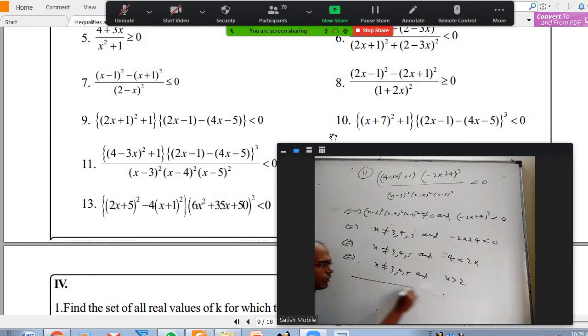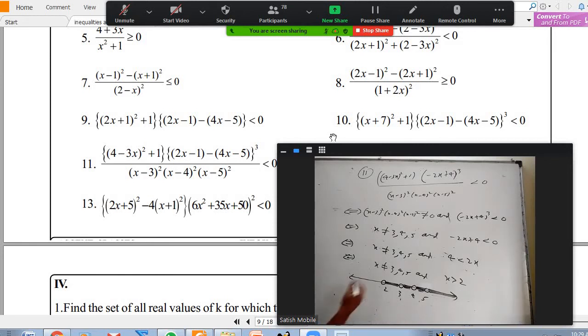First of all, I want to draw a number line where 2 is here, 3 is here, 4 is here, 5 is here. Everything after 2 is okay except this. So this full thing here, this full thing here, this full thing, and after 5, everything. Everything between 2 to 3, everything between 3 to 4, everything between 4 to 5, but not 2, not 3, not 4, not 5.